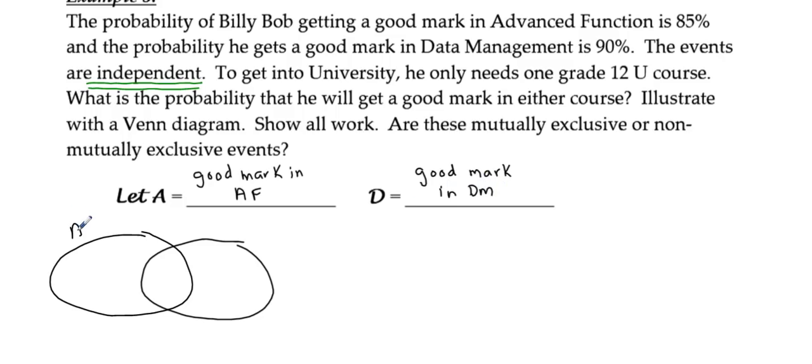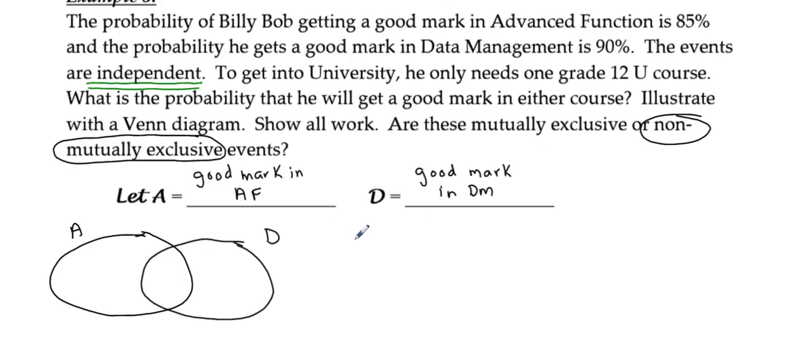So this is A and this is D. Now, the reason we know that they overlap and that they're not mutually exclusive, so these are non-mutually exclusive, sometimes you have to think a little bit. If there's overlap, that means it is possible to get a good mark in advanced functions and get a good mark in data management. So you have to think logically, is it possible to get a good mark in both of them? Of course it's possible. So that's why there is overlap here.